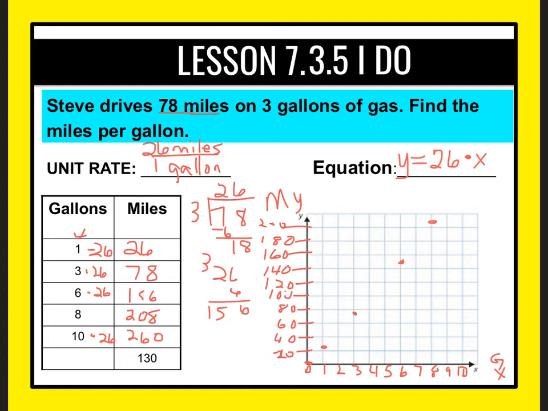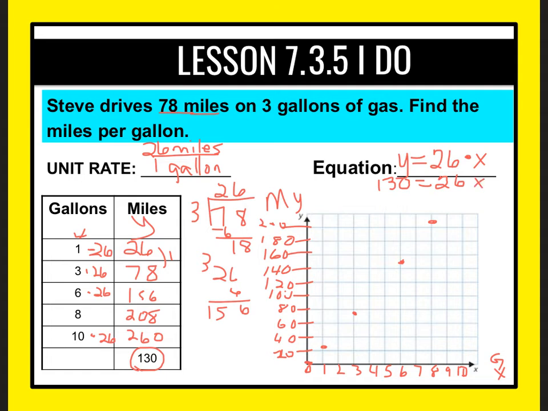So, once again, I can use my equation. I can see the connection to my unit rate on my table as well, and so forth, okay? So, what if they give me 130 miles now? So, they've given me the y variable. So, if they tell me that I have 130 miles, that means they want to know, well, how many gallons of gas is 130 miles.